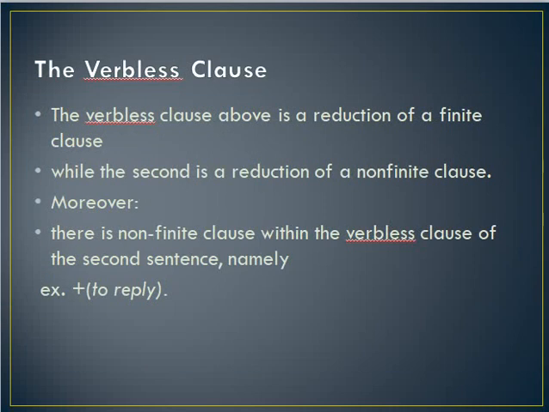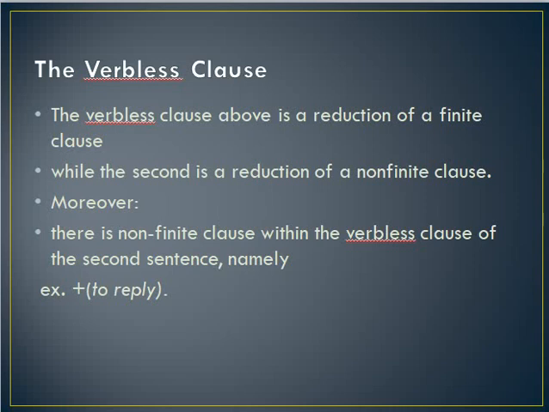So both of them are reductions of finite or non-finite clauses. However, both of them should have verbs and or objects. Moreover, there is a non-finite clause within the verbless clause itself.